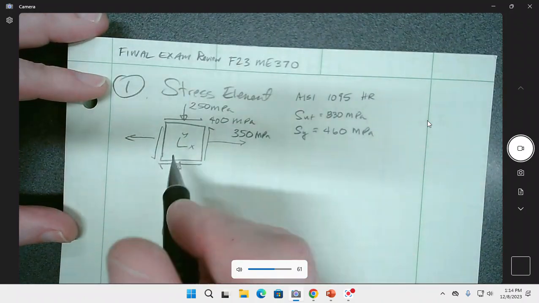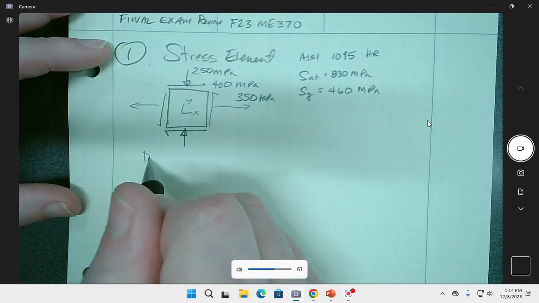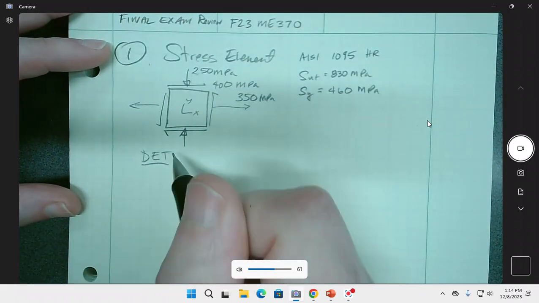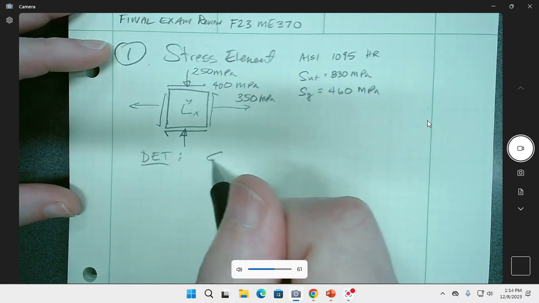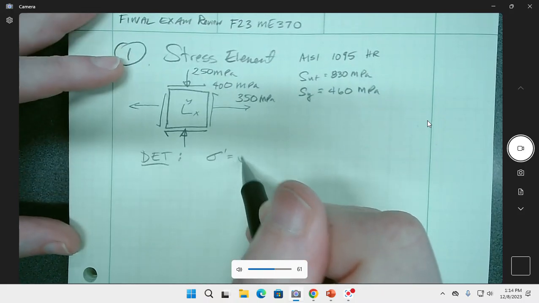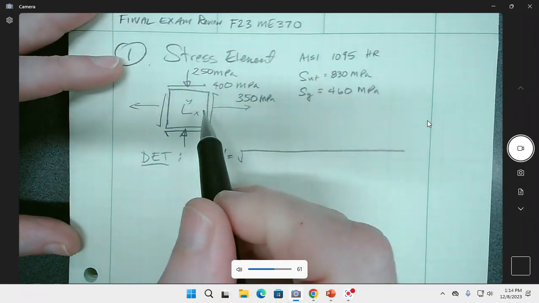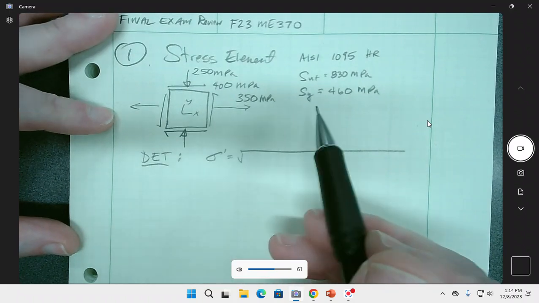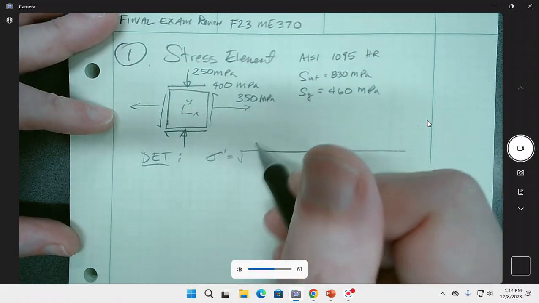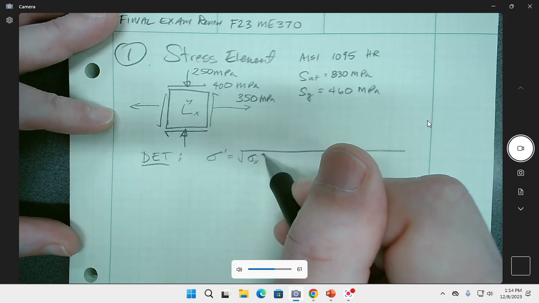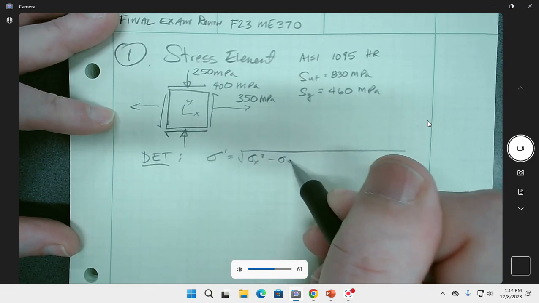We could go ahead and do distortion energy theory right away, right out of the gate, and we don't need to do Mohr's circle for this, right? So just remember that we could just use this equation.